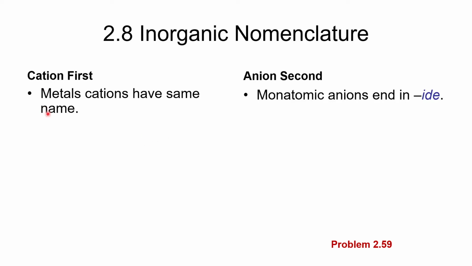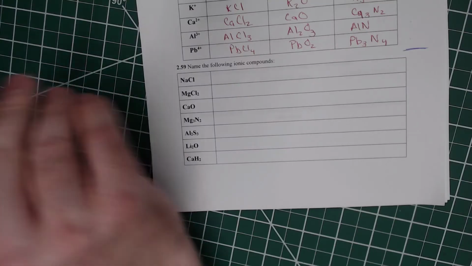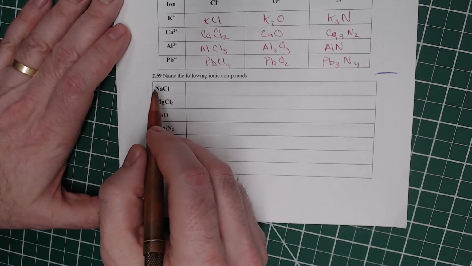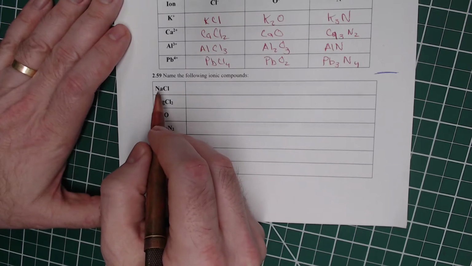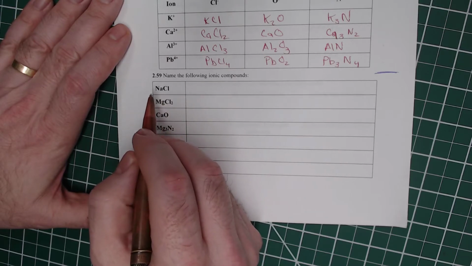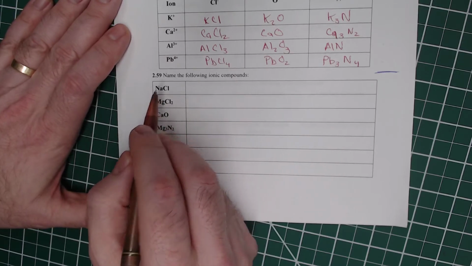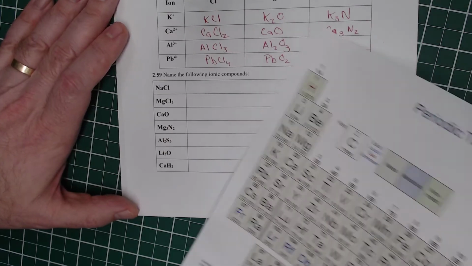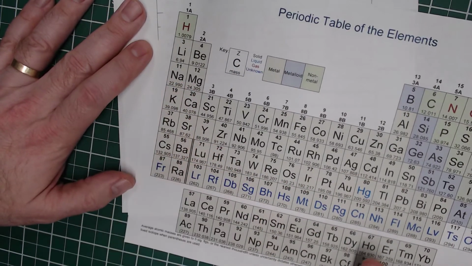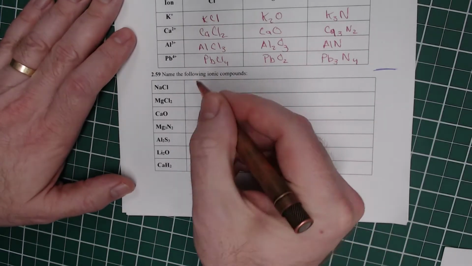All right, so let's look at number 59. These are all examples of metals that are on that special list. In other words, they're metals that always have the same charge. So, for example, sodium is in group 1, and since sodium is in group 1, it always has a +1 charge.